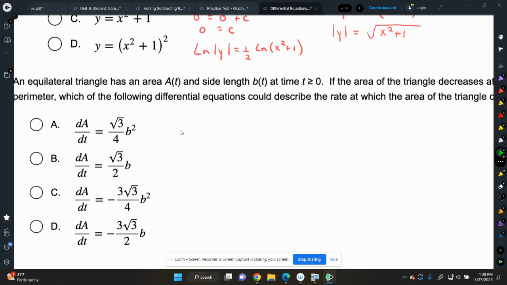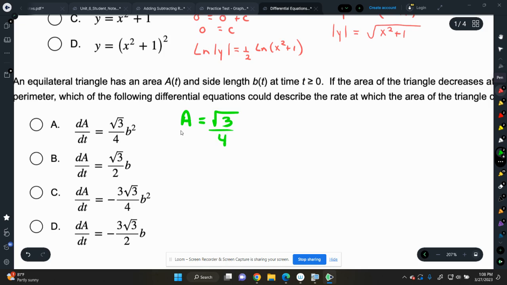The area of an equilateral triangle equals the square root of 3 over 4 times the side squared. Notice the side is the base. In this particular case, the side length is b, so the area is square root of 3 over 4 times b squared. That's the area of our equilateral triangle.